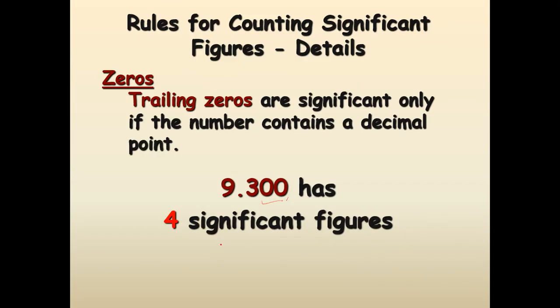If I had a number like 1200, that would only have 2 significant digits, the 2 and the 1, because these zeros are trailing, but there is no decimal point. So, kind of a weird little rule there.